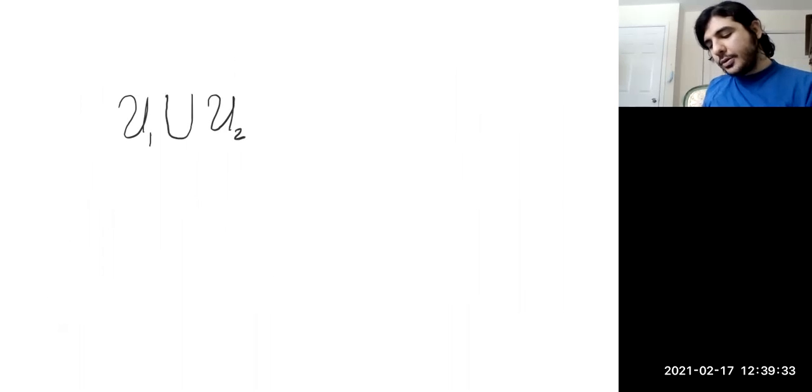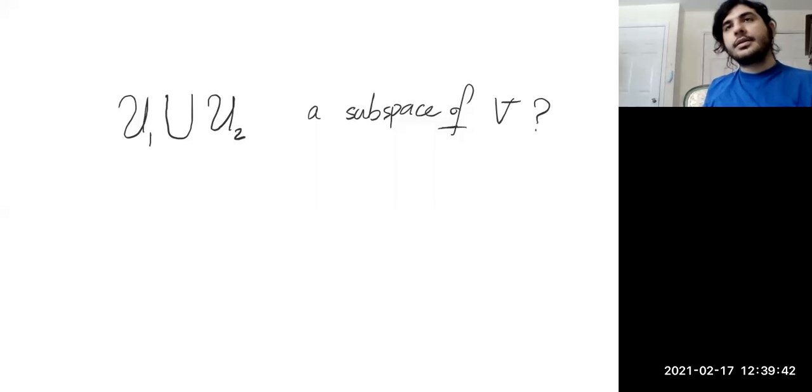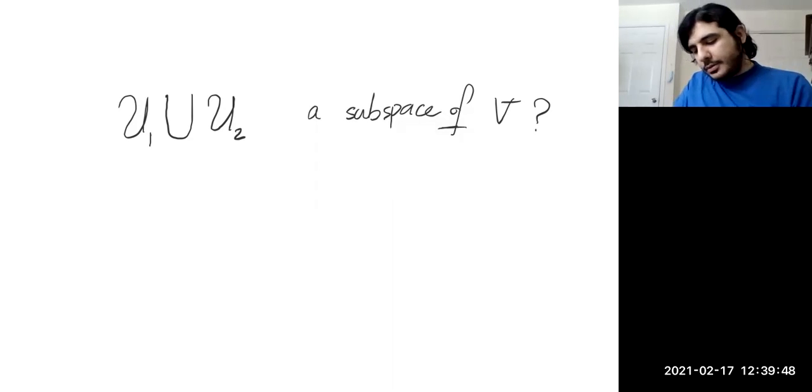What about the union? If U1 is a subspace and U2 is a subspace, is the union a subspace of V or not? Is that the case? The answer is no. So we can see that maybe pictorially.